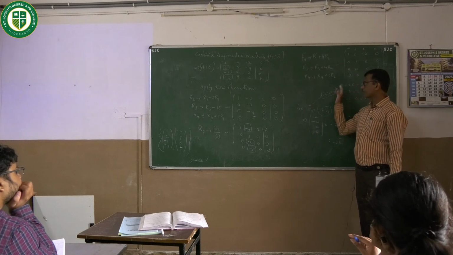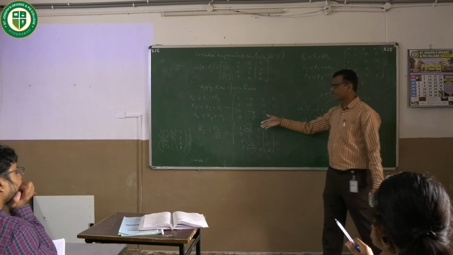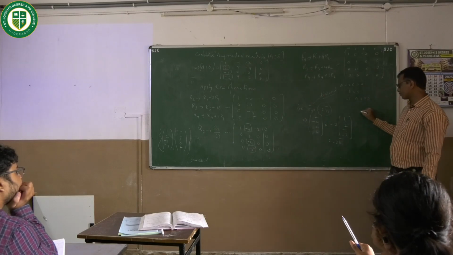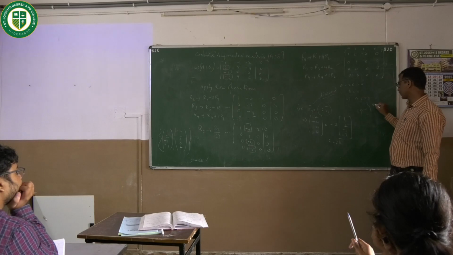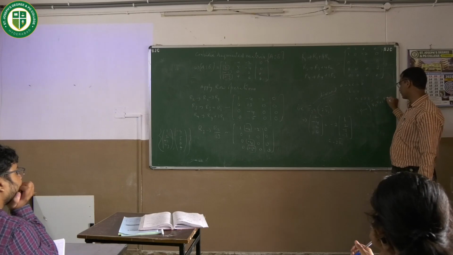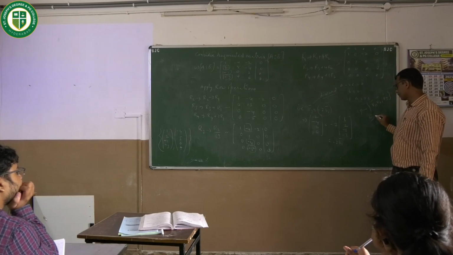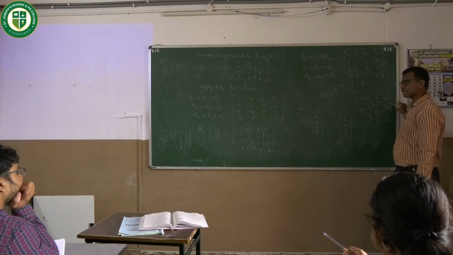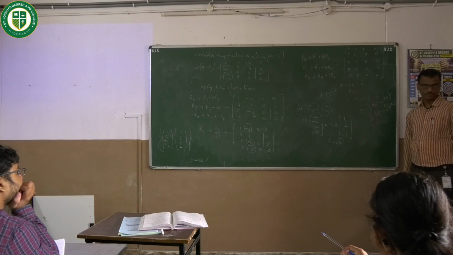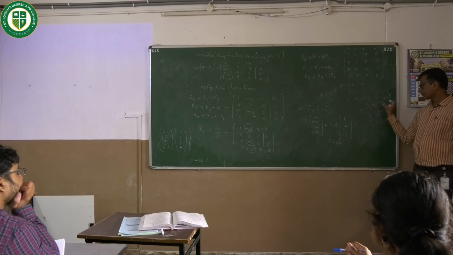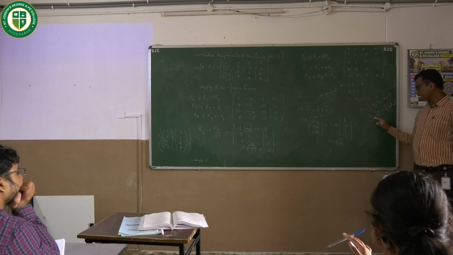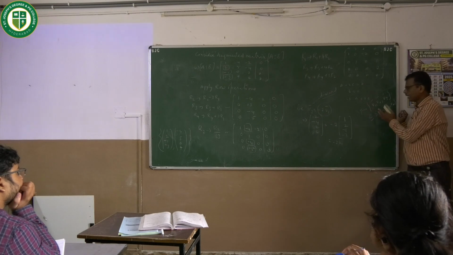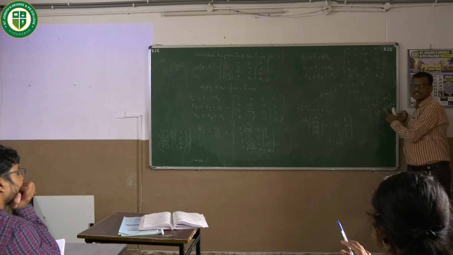Once it is discarded from the set V1, V2 and V3 bar, the remaining set of 2 still spans. The span of V1 bar, V2 bar, V3 bar equals the span of V1 bar, V2 bar. This is what the spanning set theorem says. This is a span and this is also a span, but this is not linearly independent, while this is linearly independent.